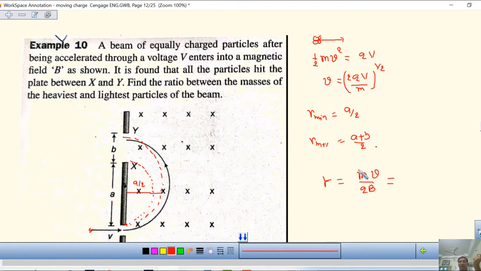I have to write this term mv in terms of capital V. Then that will be possible. Otherwise what happens? m is variable, v is variable, both are variable. Right?